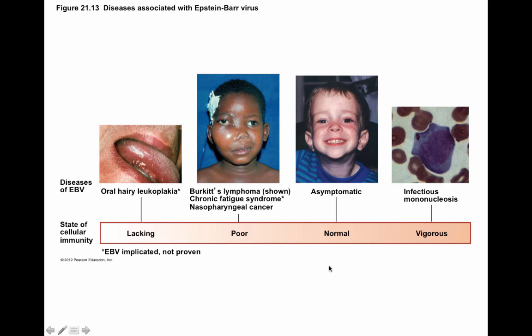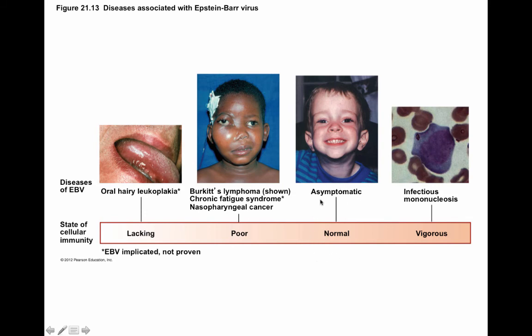Children that get mono, their immune system is kind of weak, it's not completely lacking, so they're not considered immunocompromised. But we know their immune systems aren't completely developed like an adult's. So they won't have the full reaction.